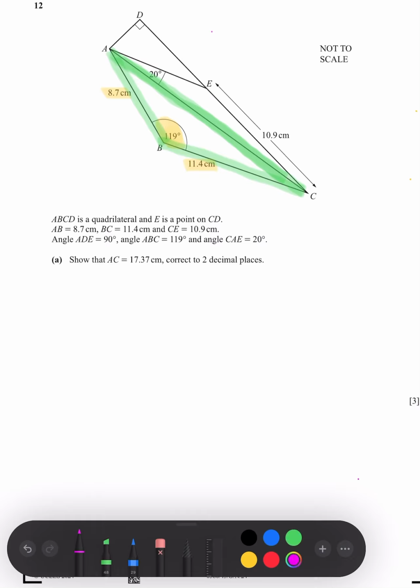So we can solve it by the cosine rule. c square is equal to a square plus b square minus 2ab cos C.